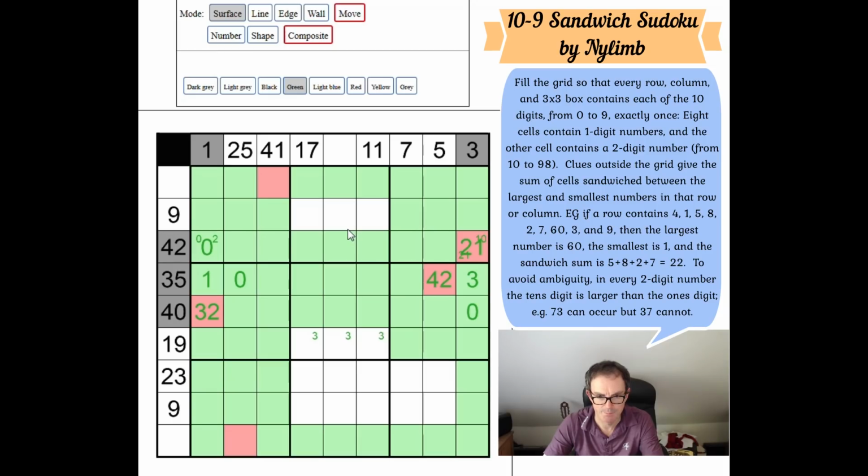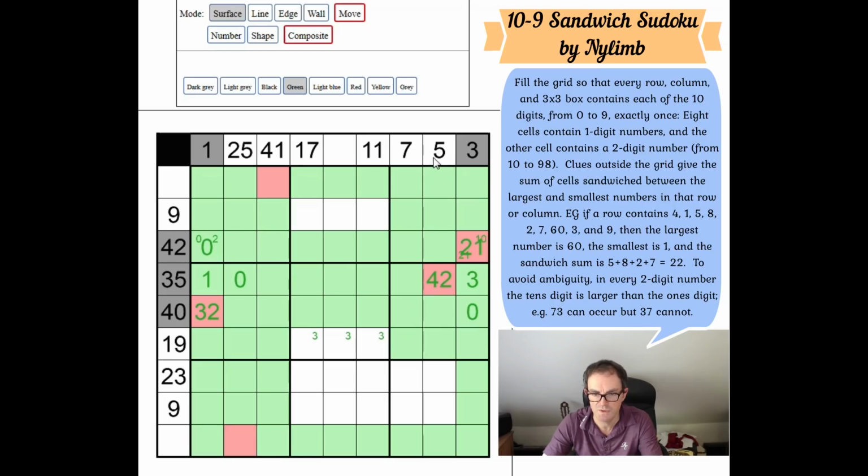Now, can we go further? 5 clue. That's very restricted now because of this 42 clue. Because that means I can't make 5 with a 2-cell sandwich because, well, 2, 3 and 1, 4 are impossible.